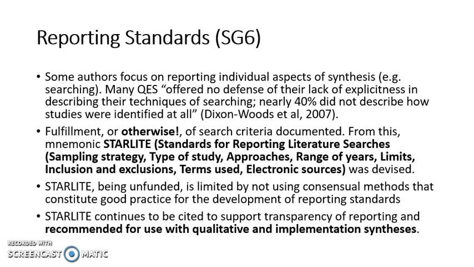We documented whether particular search criteria had been fulfilled, and we found a very uneven picture, and we came up with a mnemonic, STARLITE, standards for reporting literature searches, that required that the sampling strategy, the type of study, approaches, the range of years, the limits, inclusions and exclusions, the terms used, and the electronic sources be prescribed as a template for reporting search criteria.